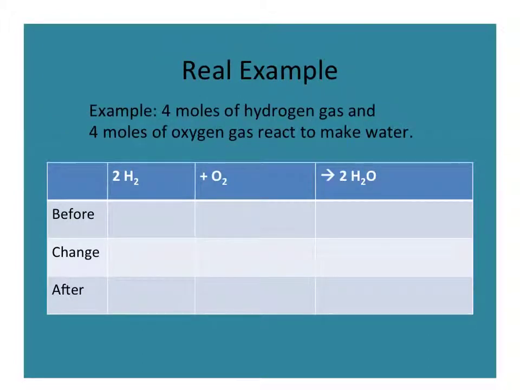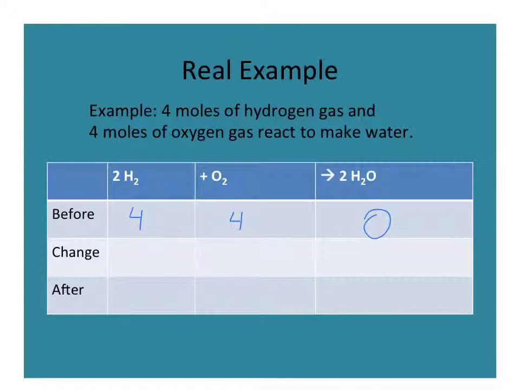Let's look at a real example. So we're going to look at hydrogen and oxygen, and if you burn hydrogen in the presence of oxygen, you get to make water. So I've put our balanced equation up here for us, and we need to fill in our befores. So we have 4 moles of hydrogen gas, so we're just going to put a 4 in here, and we have the same amount, 4 moles of oxygen gas, and they are going to make water, but we haven't mixed them yet, so we have 0 moles for our water.